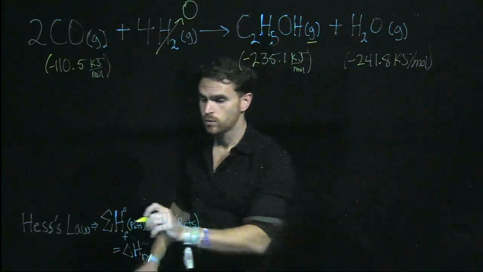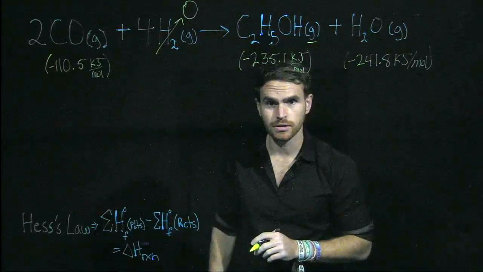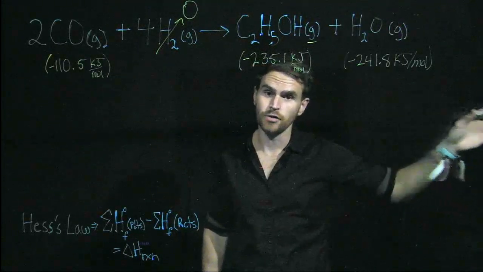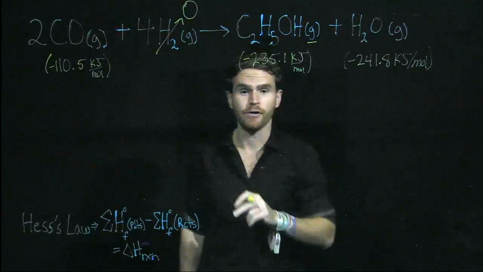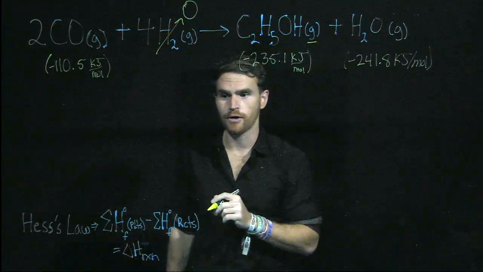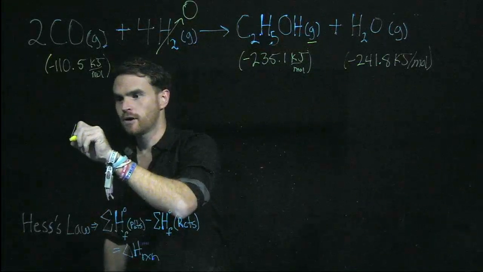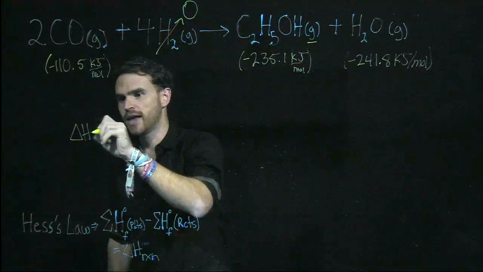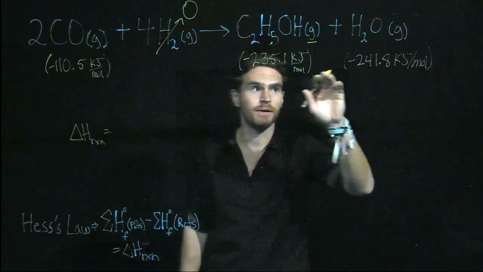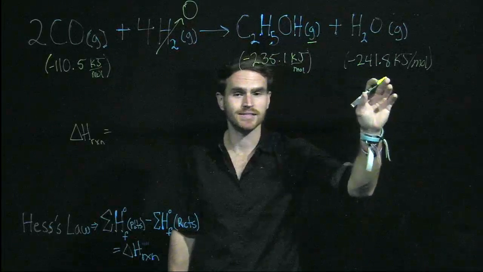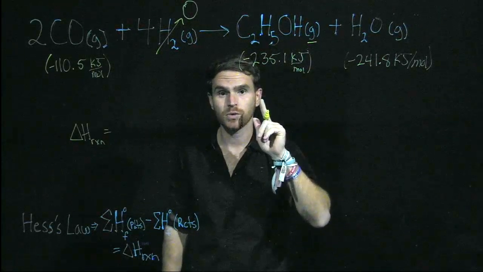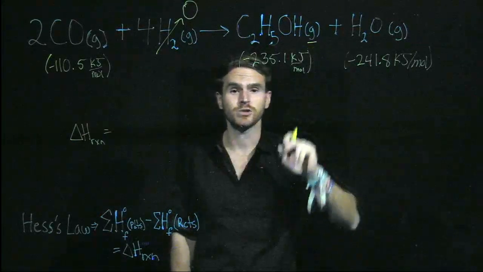Now we can plug into our Hess's law equation by identifying which are the products, on the right-hand side of the arrow, and which are the reactants, on the left-hand side of the arrow. To calculate the change in enthalpy for the entire reaction, it's going to be the sum of the products minus the sum of the reactants, taking into account how many moles of each we have.